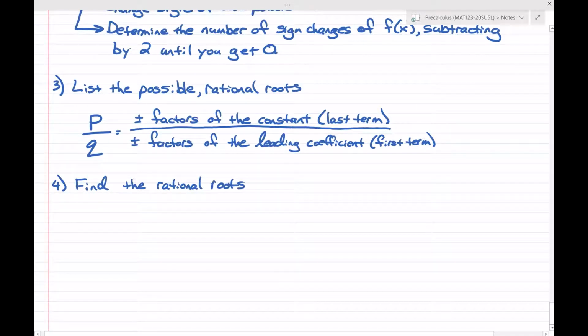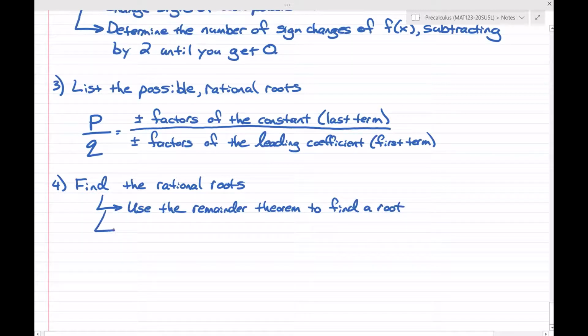And the easiest way to find the rational roots is we're going to use the remainder theorem to find a root, and then from there we're going to use synthetic division and factoring to find the remaining roots.